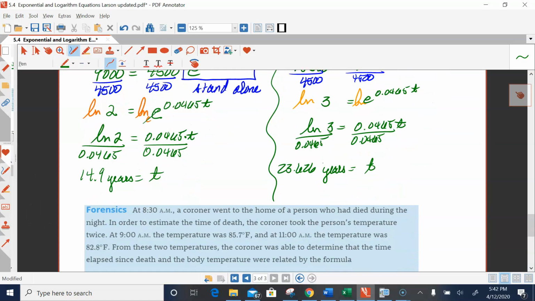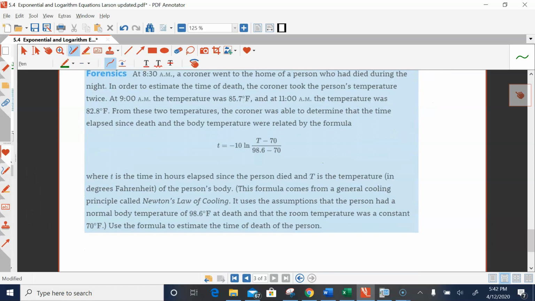Okay, let's look at this last application. Be sure to read the problem in its entirety before you try to work it and understand what the variables represent. Capital T is temperature. And what does little t stand for? It's time.